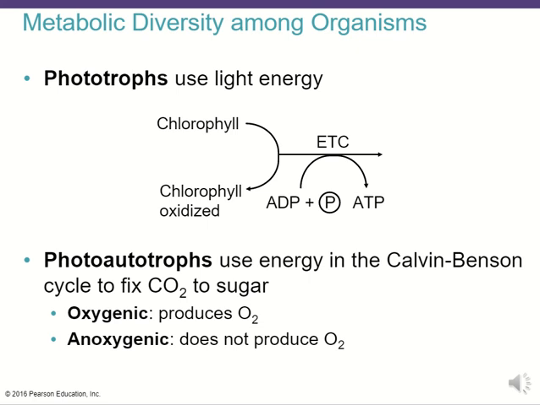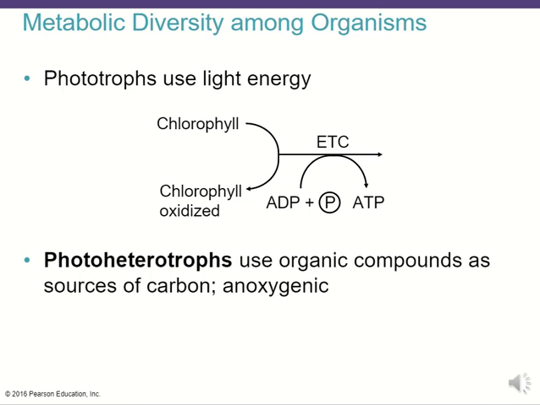As animals, we prefer when plants go through an oxygenic process to produce oxygen. Now, photoheterotrophs can use organic compounds as sources of carbon, and therefore they can produce things in anoxygenic ways. These can be many unicellular organisms as well.